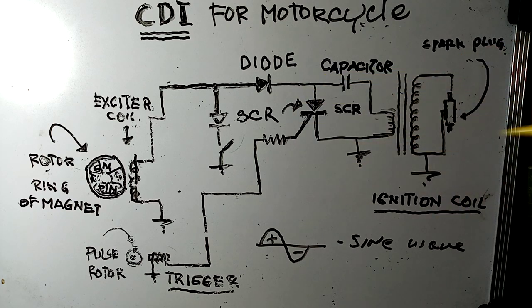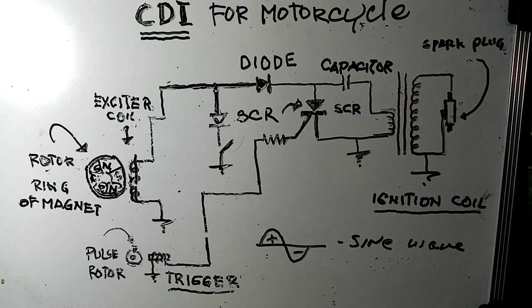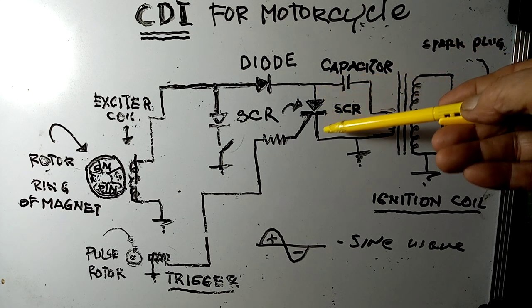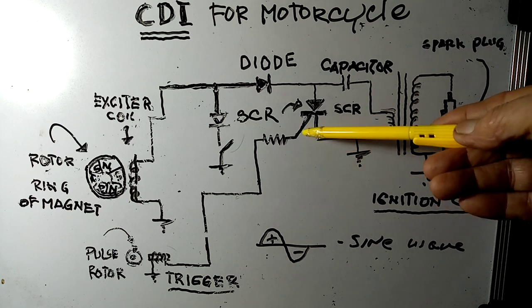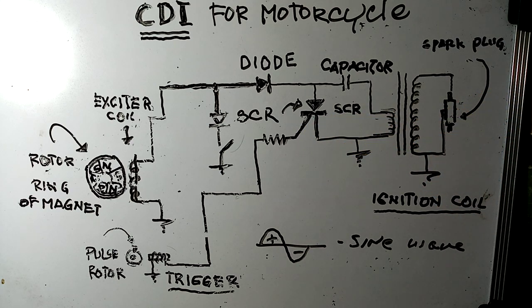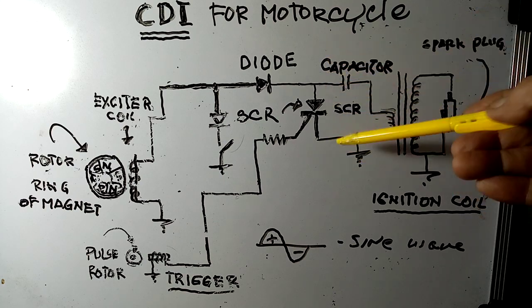The SCR has three terminals: the anode, the cathode, and the gate. Its function is that when the gate receives a gate voltage, the anode and cathode will connect, so it will conduct.